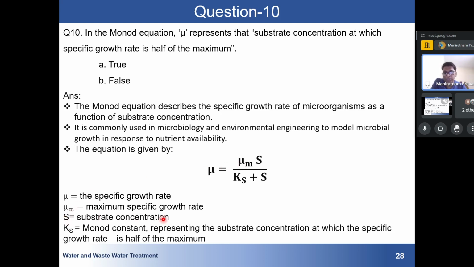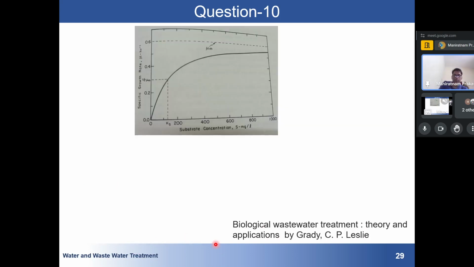S is the substrate concentration, the food we are providing to them, and Ks is known as the Monod concentration, representing the substrate concentration at which the specific growth rate is half of the maximum. This last statement will be explained by this graph. I have taken help of the book Biological Wastewater Treatment: Theory and Application by Grady and C. P. Leslie.